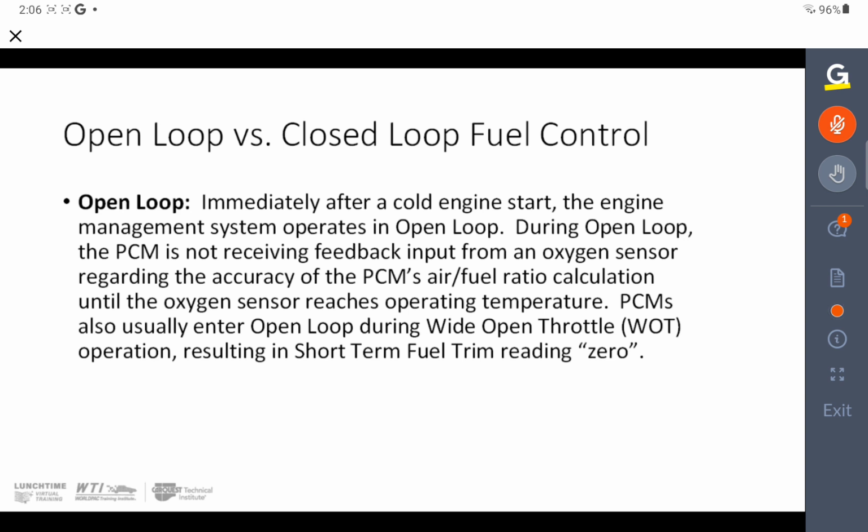And then once it's in that fuel trim cell, it will adjust the injector pulse width dependent upon what the other sensors are telling it. Things like the mass airflow sensor, MAP sensor, coolant sensor. So all those things will play a factor into what the computer does with the injector pulse width.